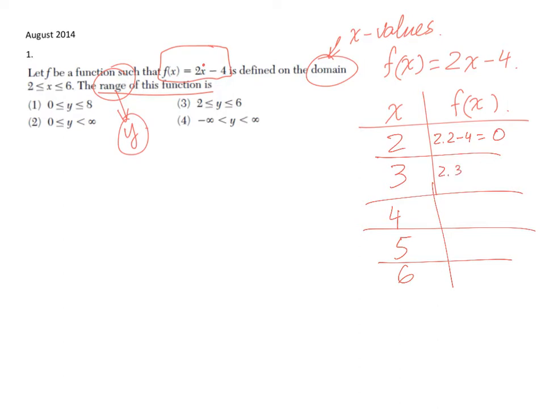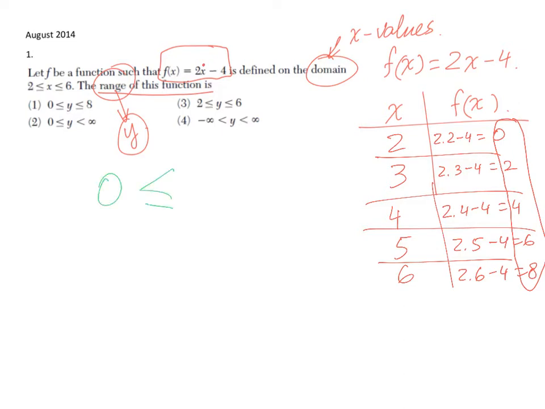Then 2 times 3 minus 4 is 2. 2 times 4 minus 4 is 4. 2 times 5 minus 4 is 6. 2 times 6 minus 4 is 8. So now we have these values right here, 0 till 8. So what's our range? It's starting from 0 and it's going on till 8. So answer choice 1.